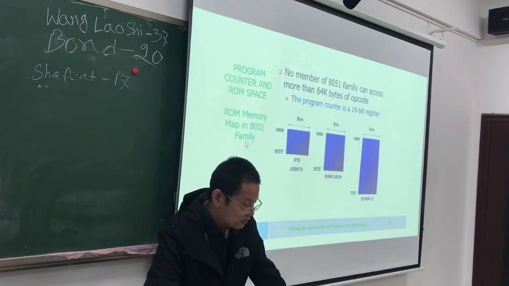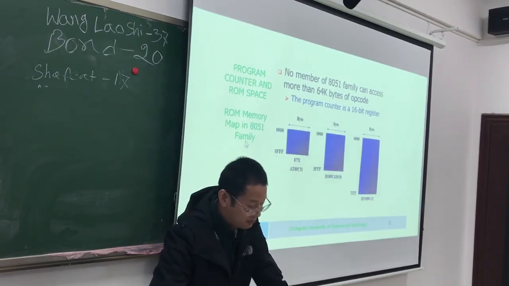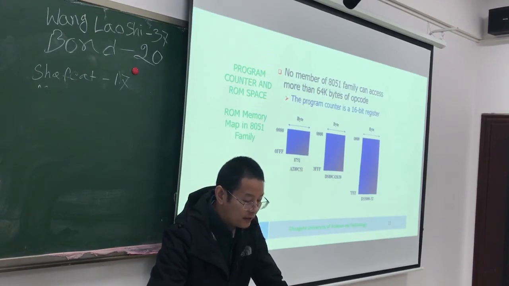Next, I introduce the ROM memory map in the 8051. No member of the 8051 family can access more than 64 kilobytes of opcode.